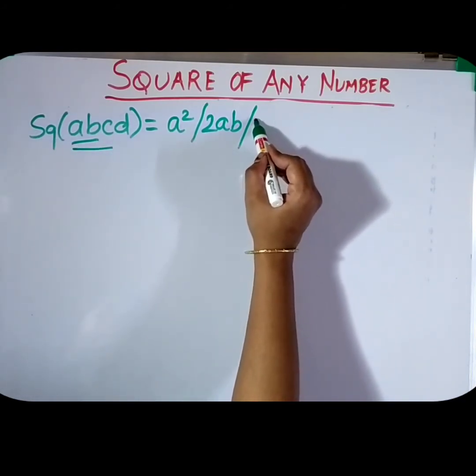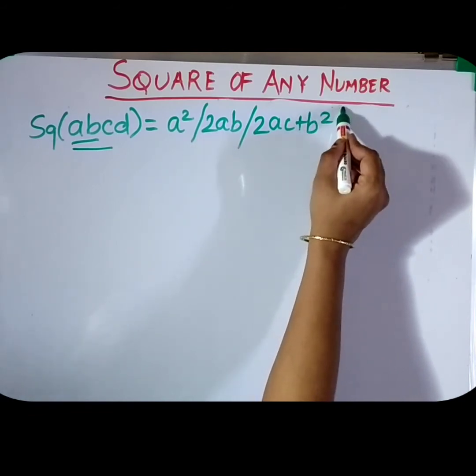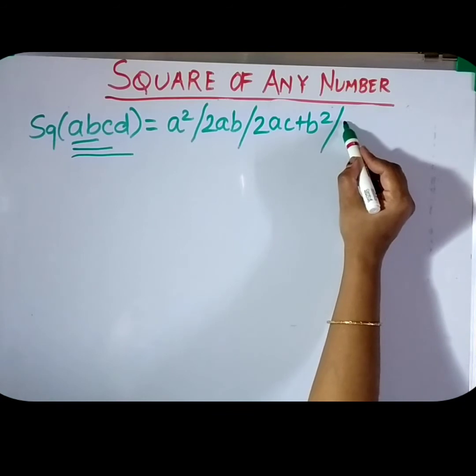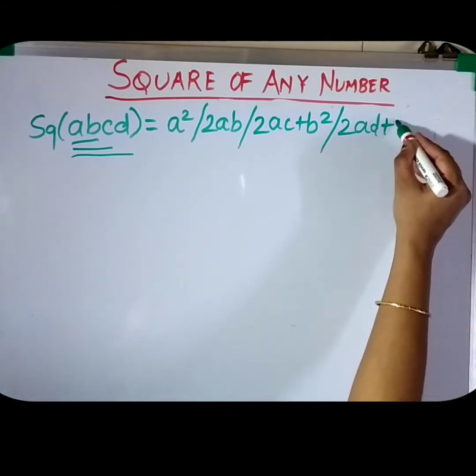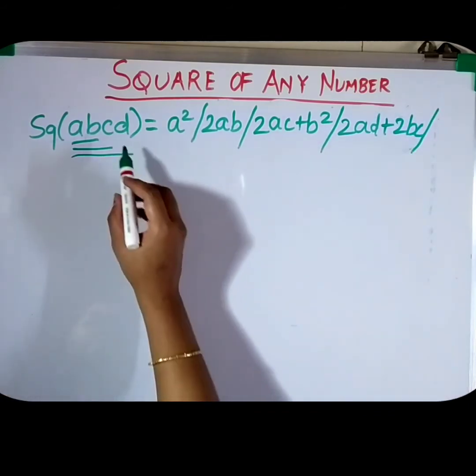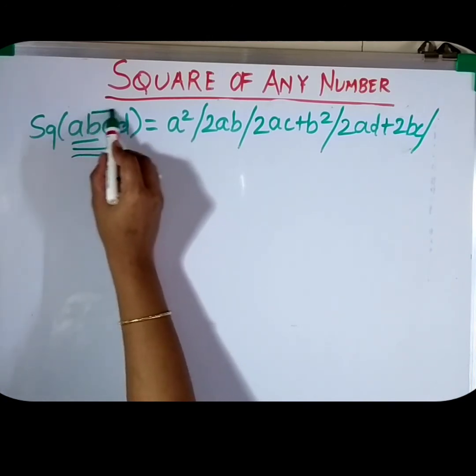What is the duplex of 3 digits? 2AC plus B square. Then duplex of 4 digits, that is 2AD plus 2BC, again a balancing line.